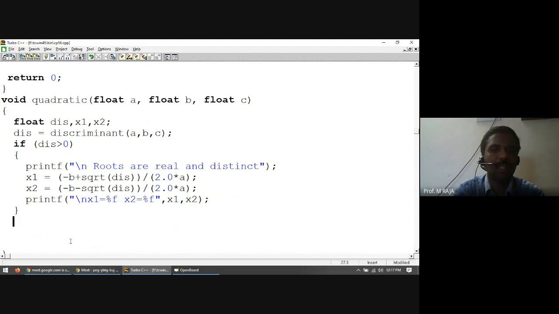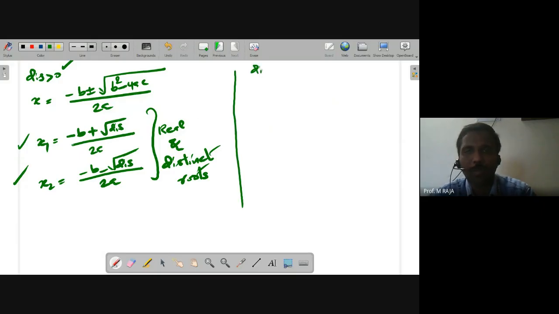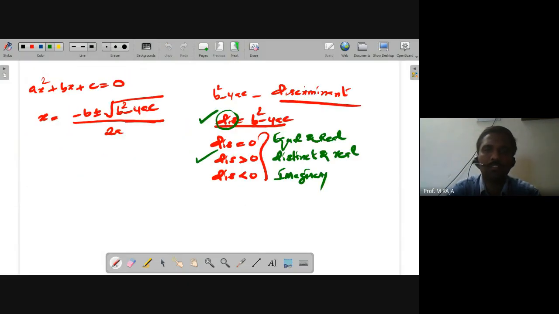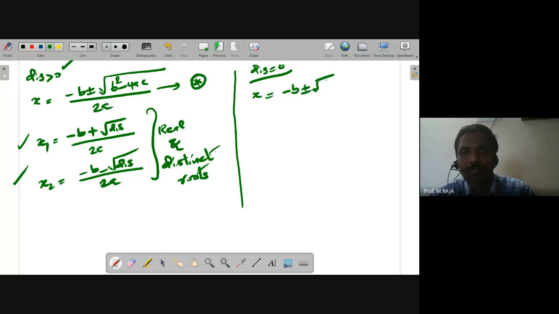Second, else if discriminant is greater than 0 condition fails. Suppose discriminant is equal to 0, here the if condition fails. Assuming that discriminant is equal to 0, putting the discriminant value b square minus 4ac as 0 in this equation, we have x is equal to minus b plus or minus square root of 0 by 2a.